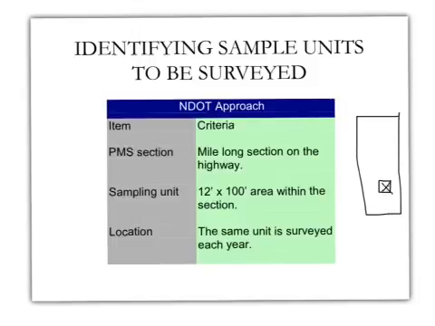Again, this would be an idea on how to sample certain sections. So the section is the overall area, which is 1 mile long, and the sampling unit would be just a 1200 square feet area that needs to be measured every single year to see the progression of the stresses on the surface of the pavement.